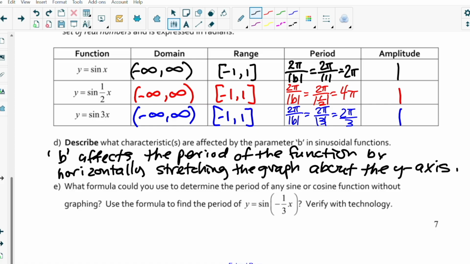What formula could you use to determine the period of any sine or cosine function without graphing? Use the formula to find the period of y equals sine of -1/3 x. Verify the answer by graphing in your calculator.